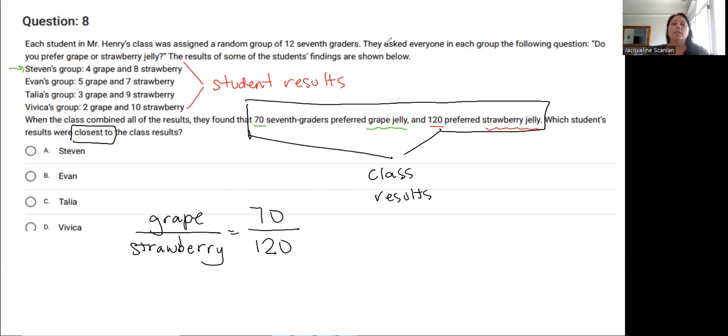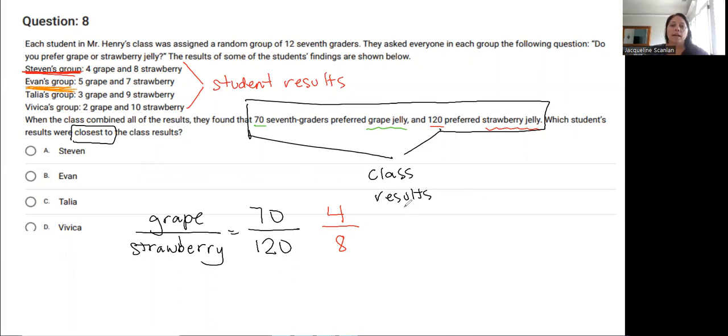So watch how I do this. I'm going to choose to color code. You do not have to. All right, I'm going to call Stephen's fraction red. So I'm going to underline Stephen in red. He had 4 grape to 8 strawberry. All right, I'm going to call Evan's group orange.